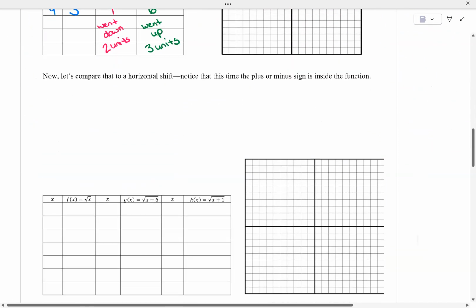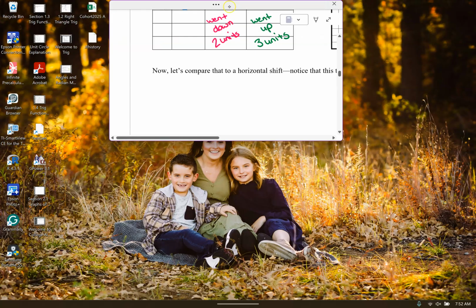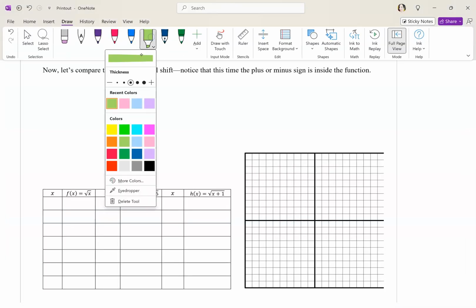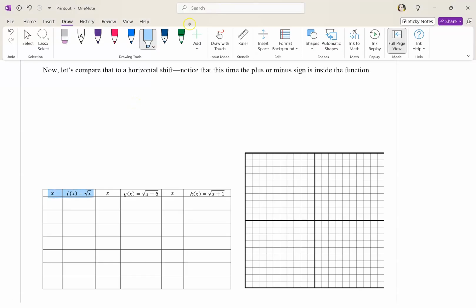Okay, but now let's compare that horizontal shift. Notice that this time the plus and the minus sign is in the inside. Okay, now notice this table. This table is a little bit more crazy. So we're going to start off right here with our original.